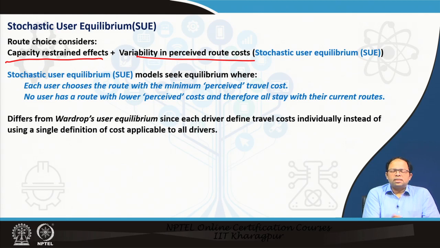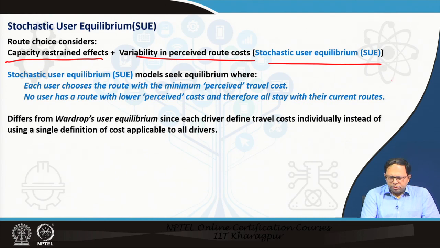So when both these cases are taken together, then we get stochastic user equilibrium. Stochastic user equilibrium models seek equilibrium where each user chooses the route with the minimum perceived travel cost, and no user has a route with lower perceived cost, and therefore all stay with their current routes.